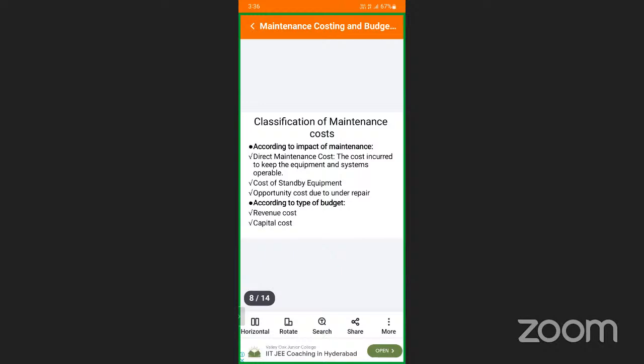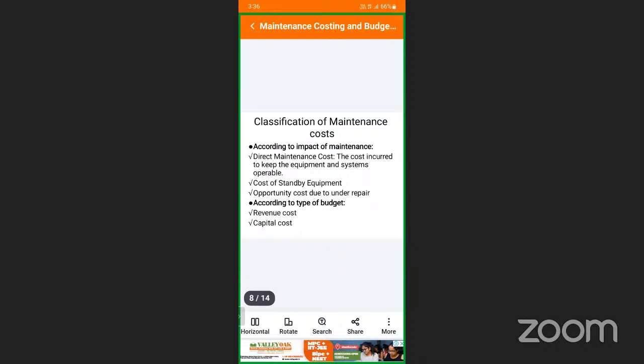In that repair time, we are not able to carry on with our production activity, so that opportunity we have lost. So this is the classification of maintenance cost based on the impact: direct maintenance cost, cost of the standby equipment, and opportunity cost.